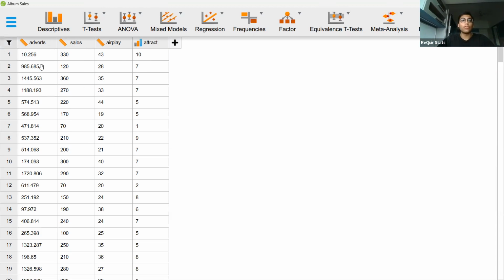So as the money spent on advertisements increased, sales also increased. But you can also interpret this coefficient as, as the number of sales increases, the money spent on advertisement also increases. So there is no direction here of what predicts what in correlation.